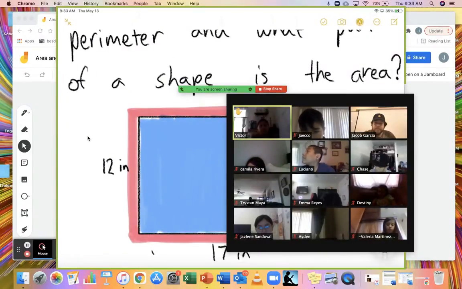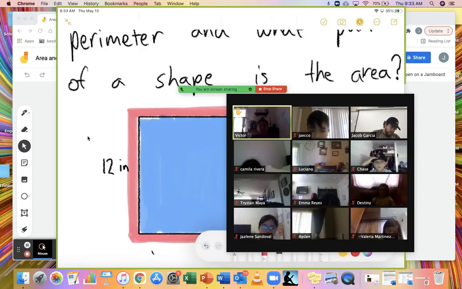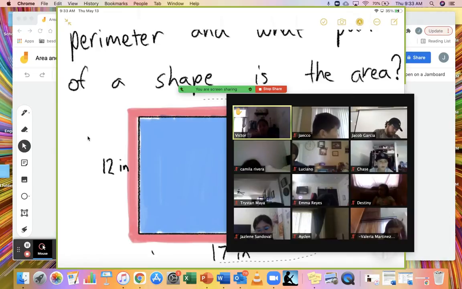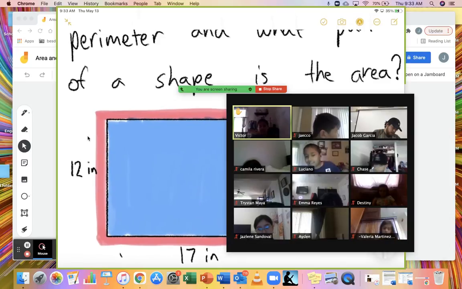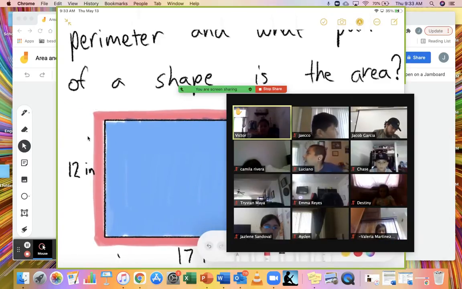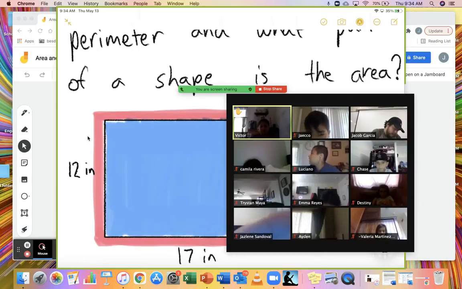It's because 12 is the width, no, length, and 17 is the width. And since 12 is the same size on the other side, it means it's the same number on the upside. Same thing with the 17. So 12 is the same on this side as it is on this side.